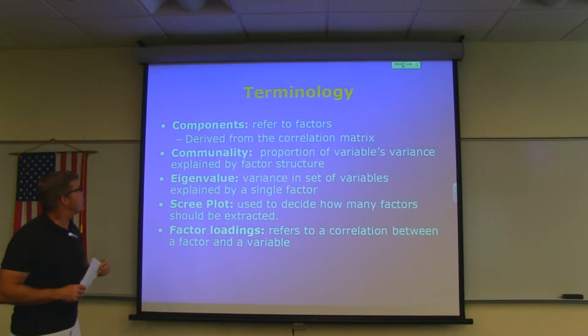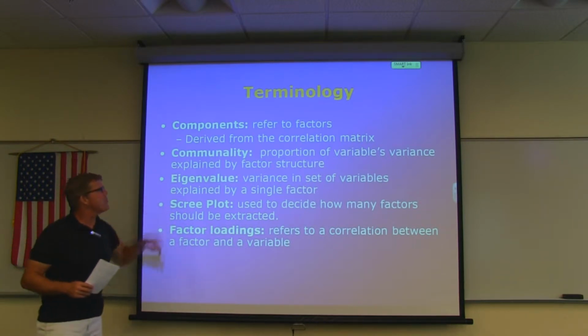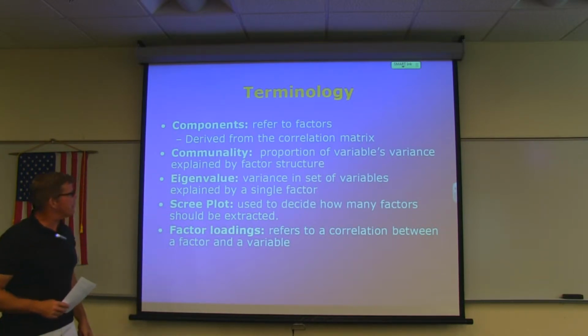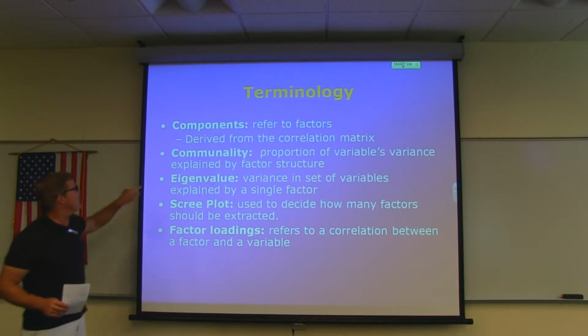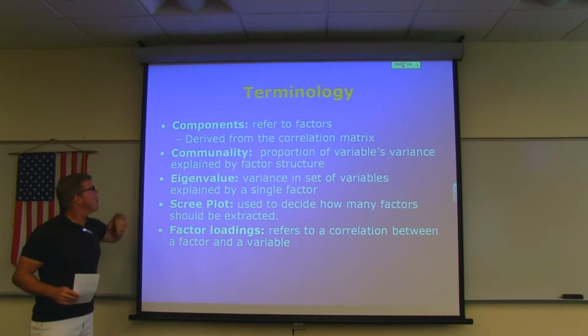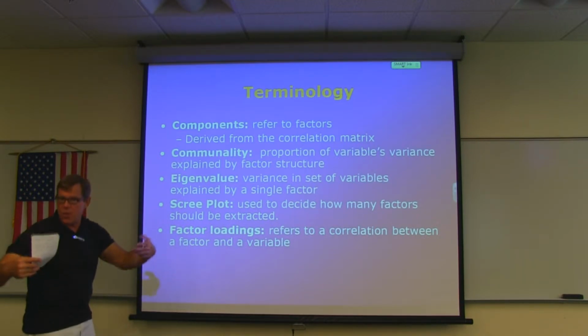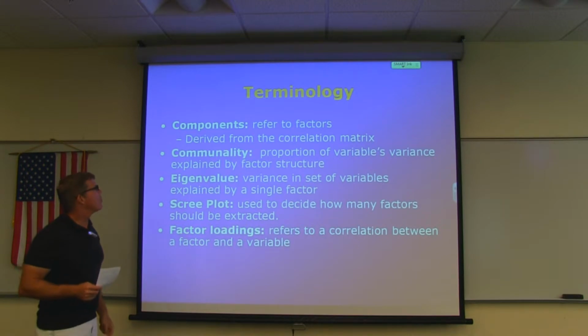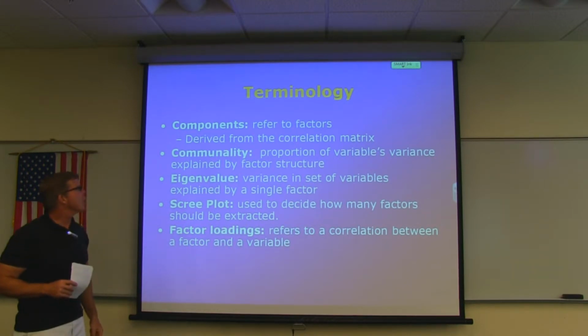Okay. A new term, eigenvalue. This is the variance of a set of variables explained by a single factor. And we have some criteria for eigenvalues. Eigenvalues greater than 1. So when we do the extraction, which we'll see in a few minutes, we're looking for eigenvalues greater than 1.